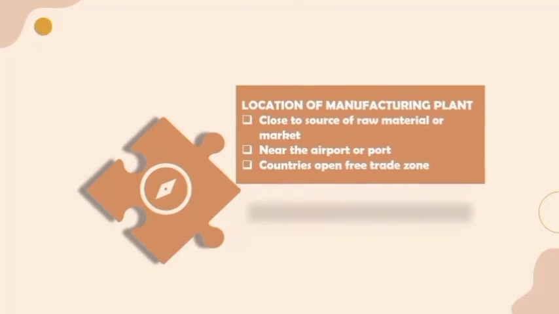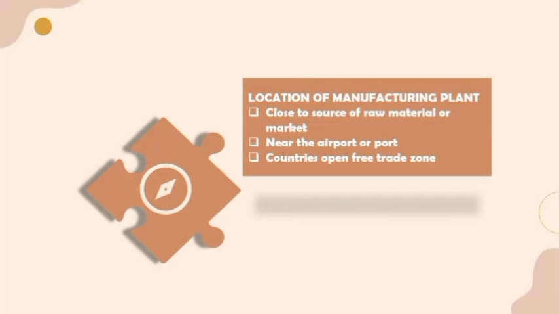The next element is the location of manufacturing plant. Normally, the manufacturing plant will be close to the market or source of the raw materials. There are some other countries where located the manufacturing plant at the location where they have government subsidies. As the time passes by, the production of the product are no longer only for the domestic use, but also to be exported.